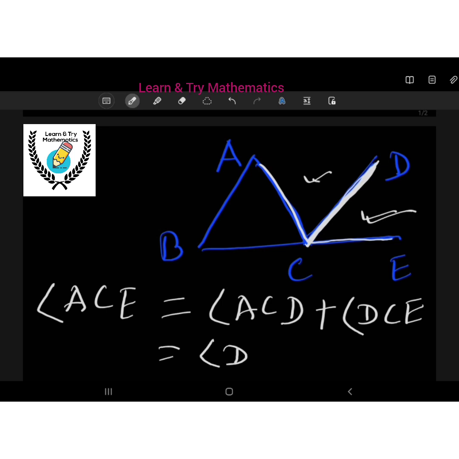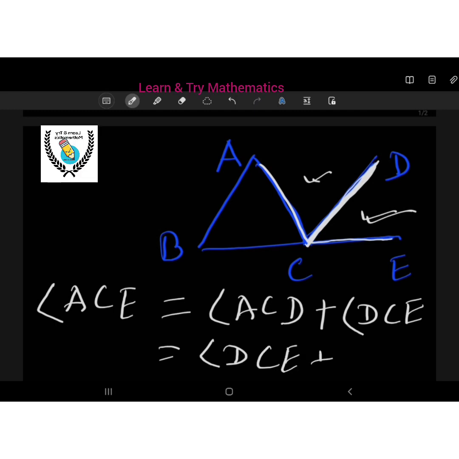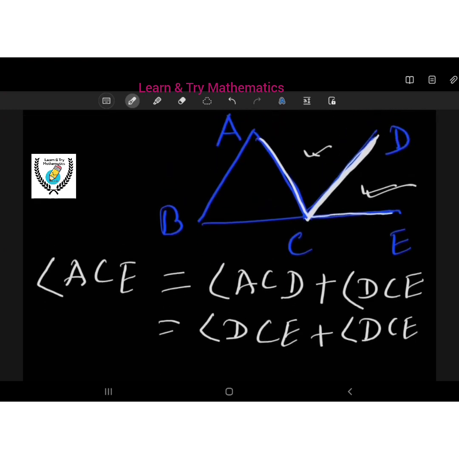Then we can put ACD instead of DCE, so DCE plus DCE. Then we have 2 DCE. The value of ACE is equal to 2 DCE.